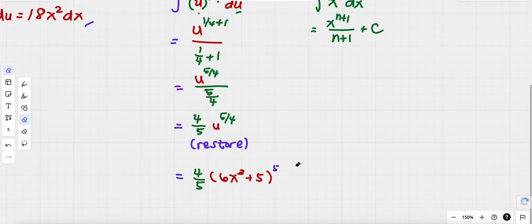Sorry, technicolored na. And then since we already restored the original term, we can now add plus c. So this is now our final answer.